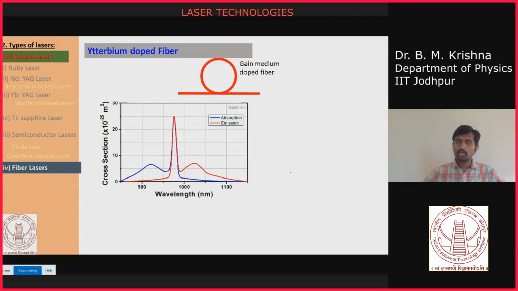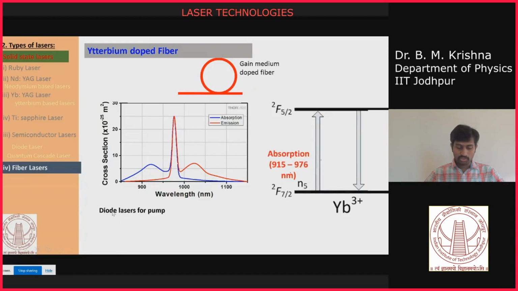Because they don't have any non-radiative losses, most of the pumping energy you are giving is utilized to convert into your lasing action. So you don't have much losses in your laser. That is why ytterbium doped lasers are used as very high power lasers.